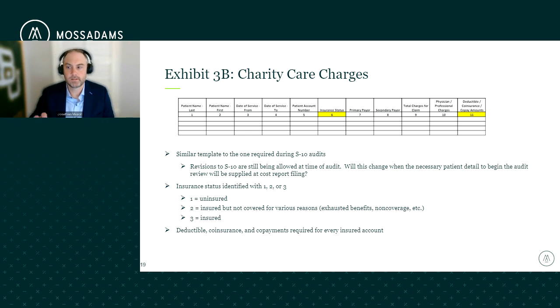There are a few places to put the discounts. They're on the next slide, but make sure that you understand the insurance status. And then deductible, coinsurance, and copayments are required for every insured account. I know that's sometimes very difficult to pull out of your system, depending on the system that you have, but this is required if you're an insured account.